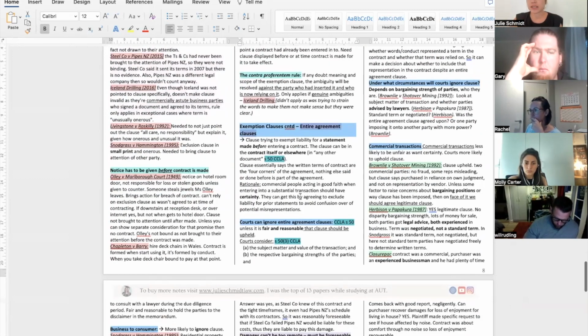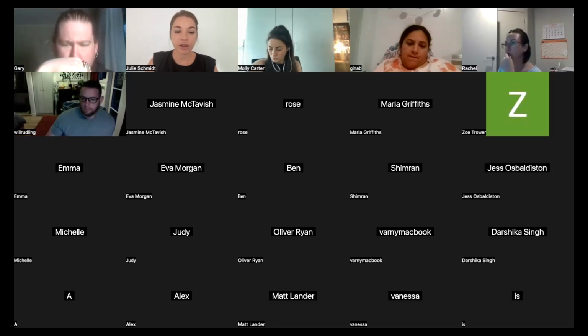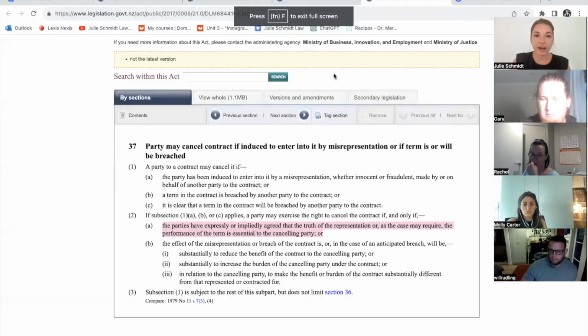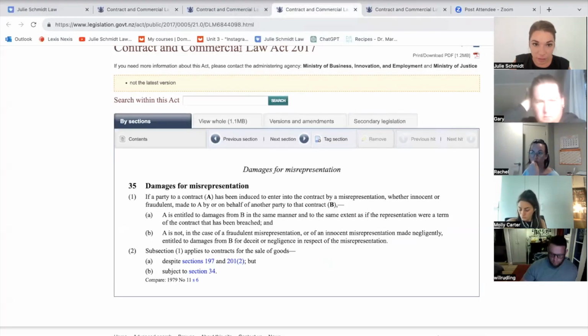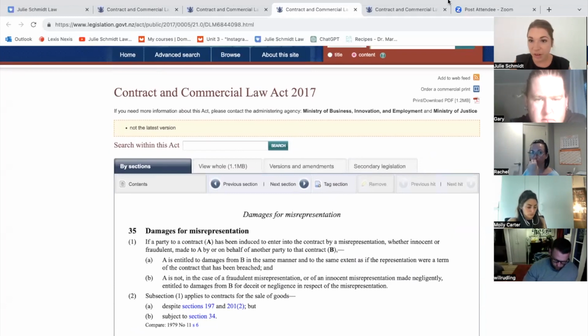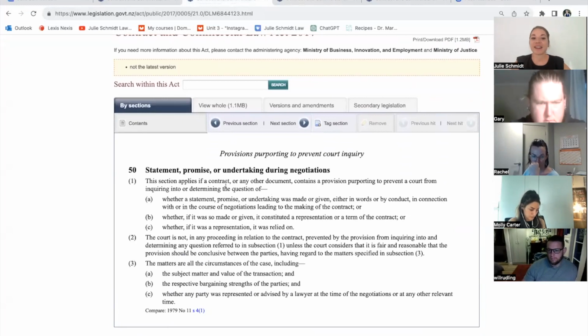Entire agreement clauses are, if I go to section 50 of the Contract and Commercial Law Act, the Zoom is blocking my, there we go. They're statements, promises, or undertakings made during negotiation.